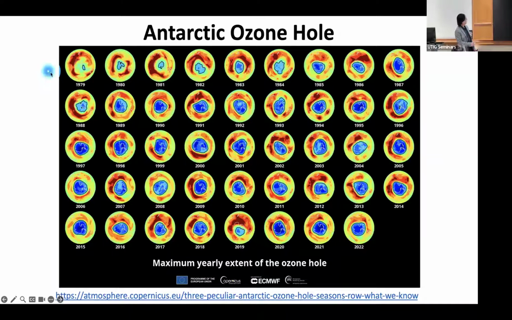You can see from the late 70s to the early 2000s, we actually see a continuous expansion of the ozone hole in the Southern Hemisphere. Right, and in the most recent decades, there seems to be a stabilization. So one of the possibilities is that the ozone changes are responsible for the strengthening of the winds along the Southern Ocean, which has caused the ocean cooling, right?